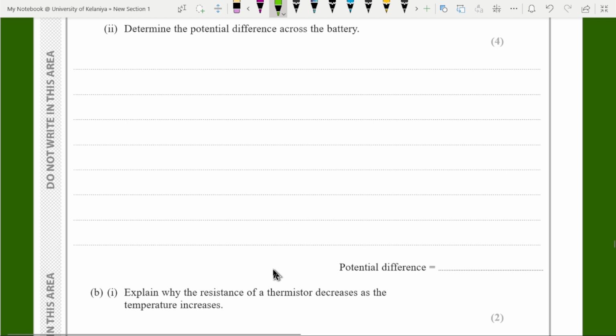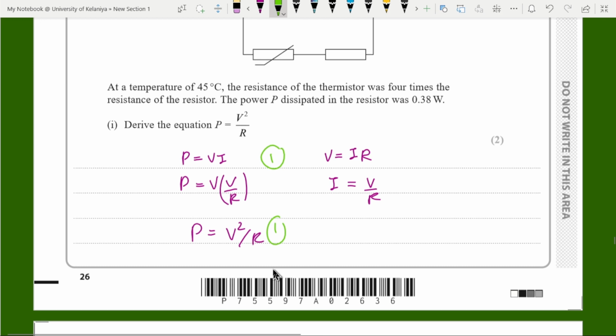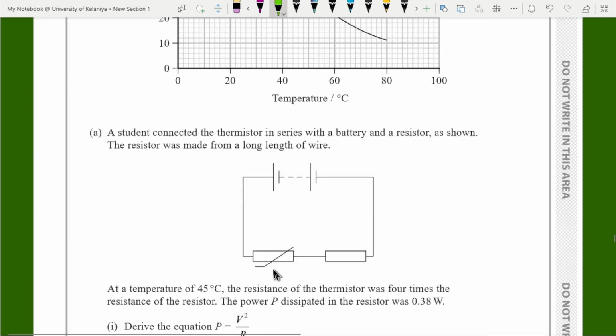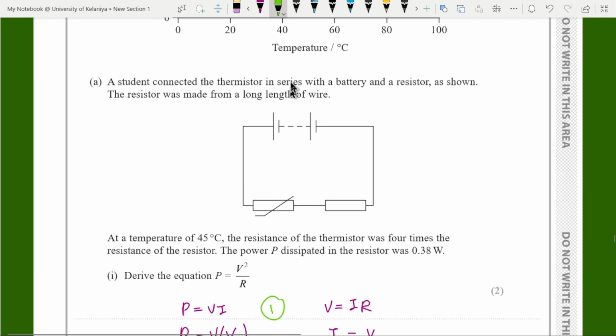Determine the potential difference across the battery. In this case, they have mentioned that at a temperature of 45, the resistance of the thermistor was 4 times the resistance of the resistor. That's a good point.